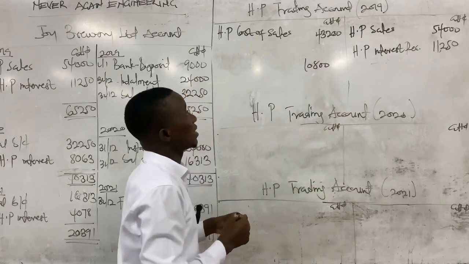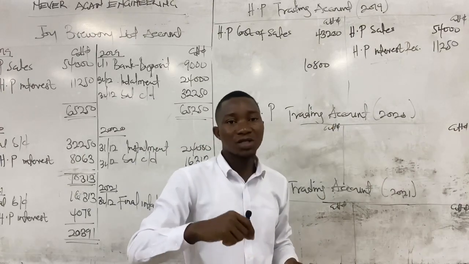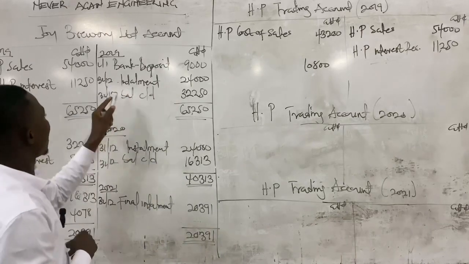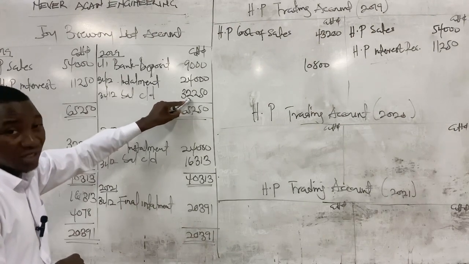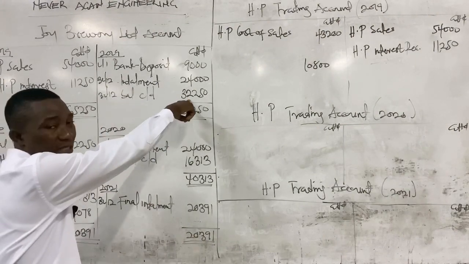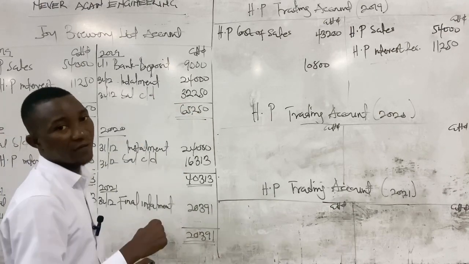But remember that at the end of 2019, there is part of the amount that is not fully paid, that is this amount. For 2019, you can see that there is a balance carried down of this amount. That is not yet paid, and there is a portion of the gross profit in this that is not yet realized. So we need to calculate the provision for unrealized profits.